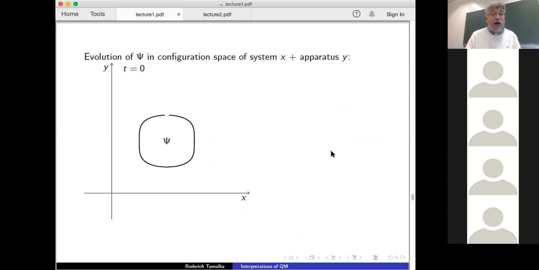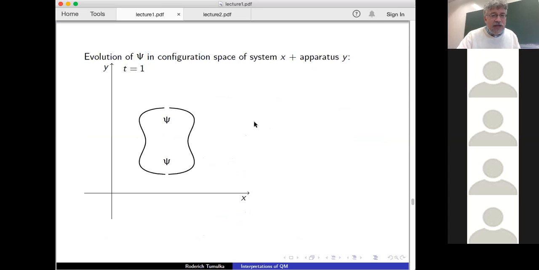Okay, so here I have a picture of that. Again, here's the object, and here's the apparatus. So now this is my product wave function at time t0. This should be closed here, it's just a bad way of drawing. Okay, so this now evolves in this way.